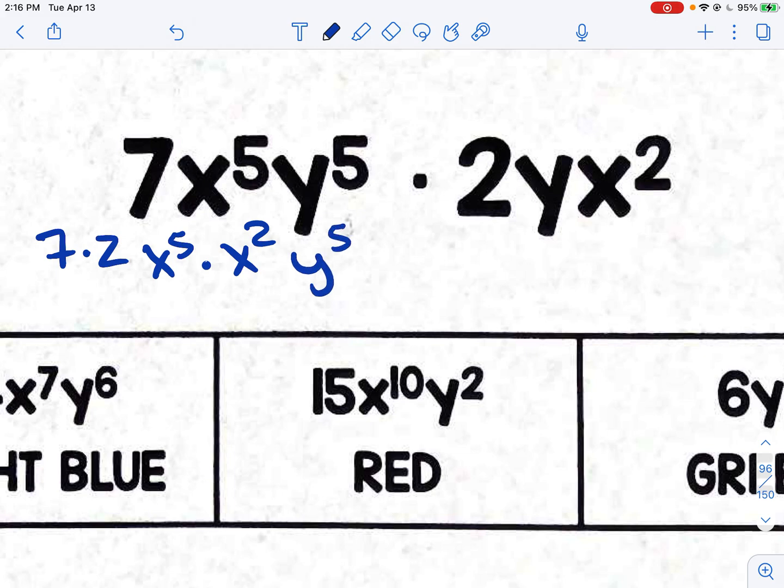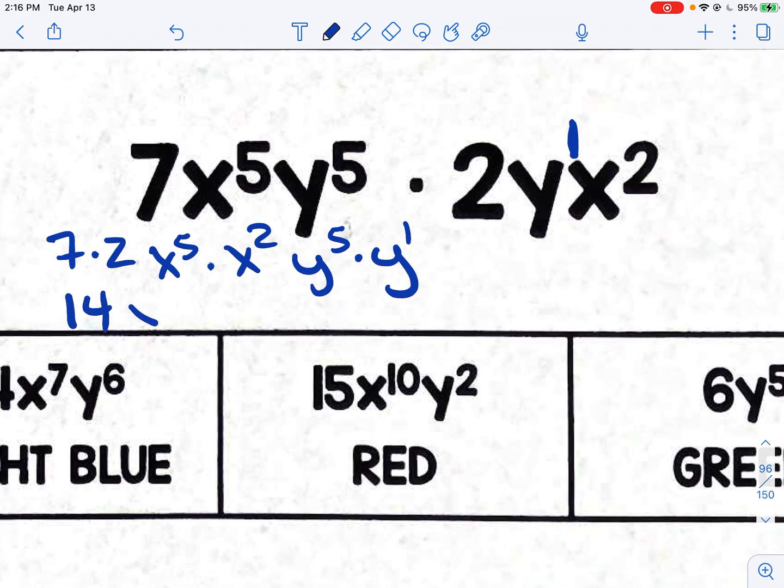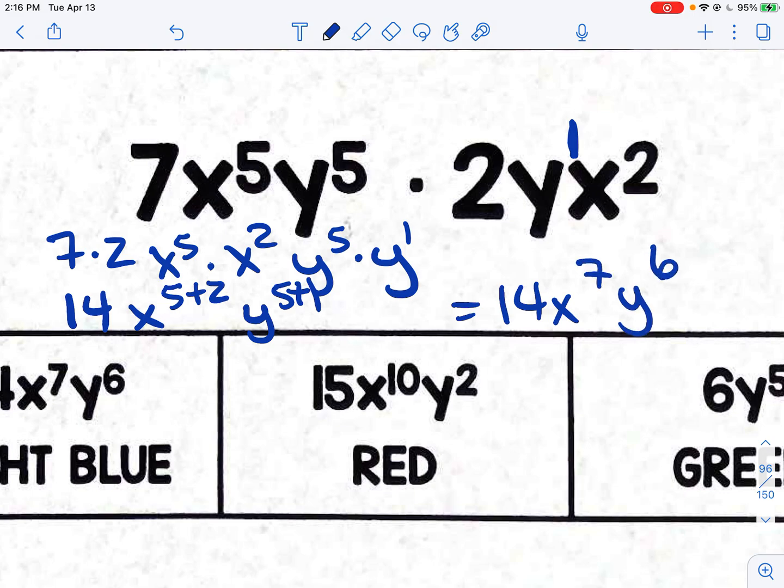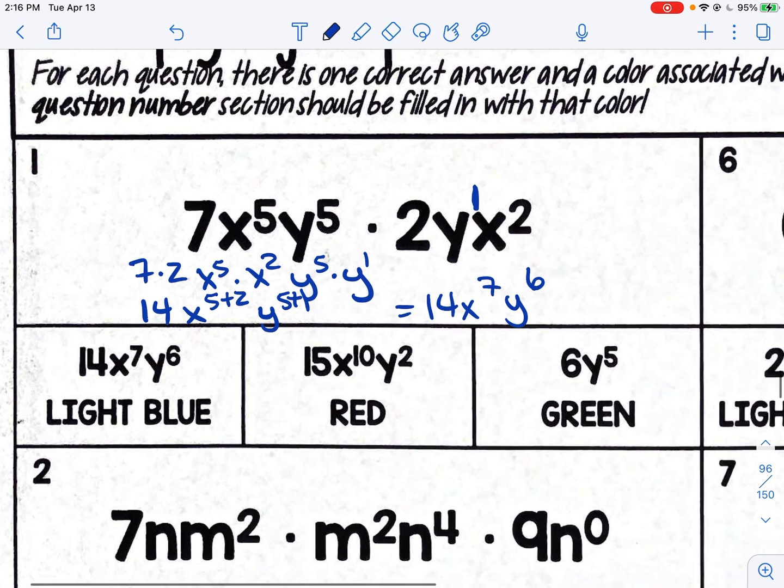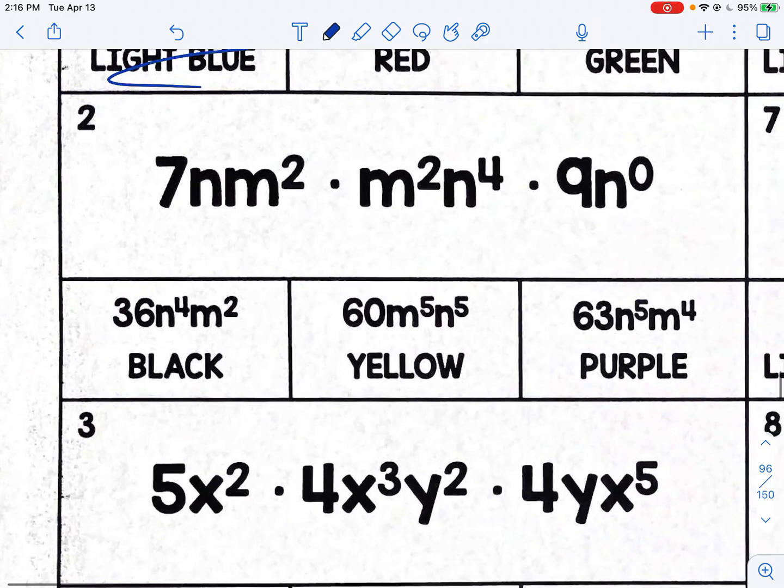I have y to the 5th, and this has a 1 here, so y to the 1st. So this is 14, 5 plus 2, 5 plus 1, so I get 14 x to the 7th, y to the 6th. Okay, so that means it's this one right here. This one.